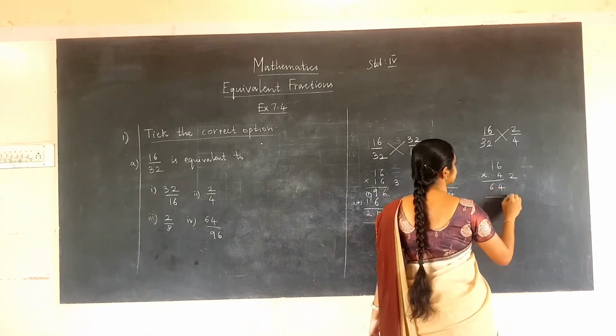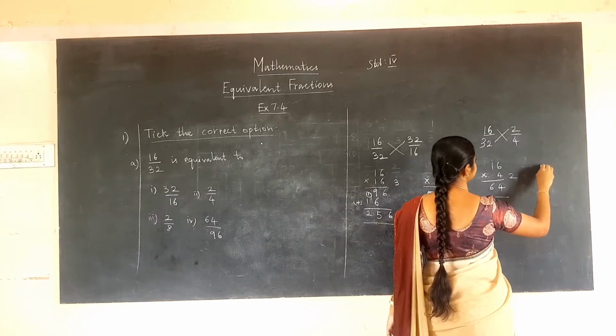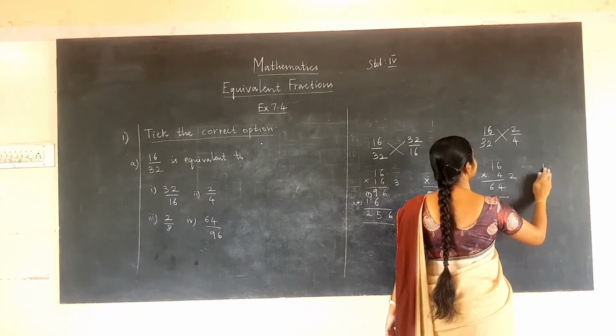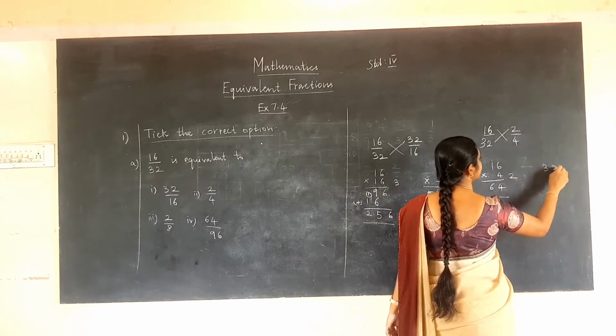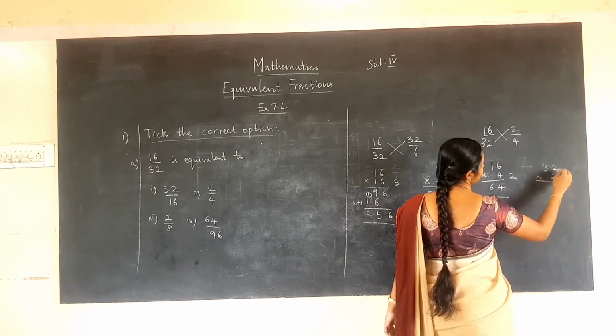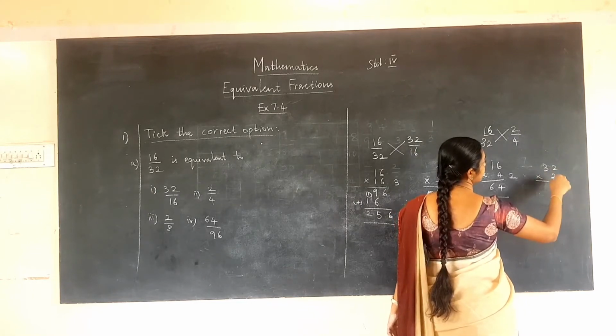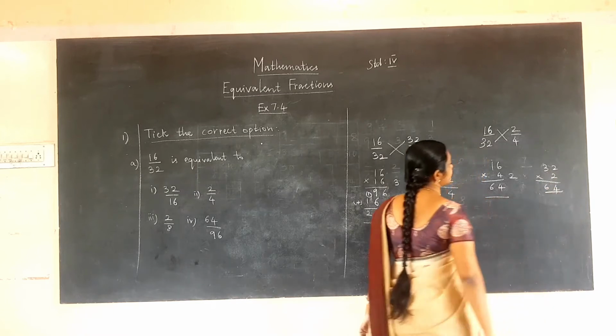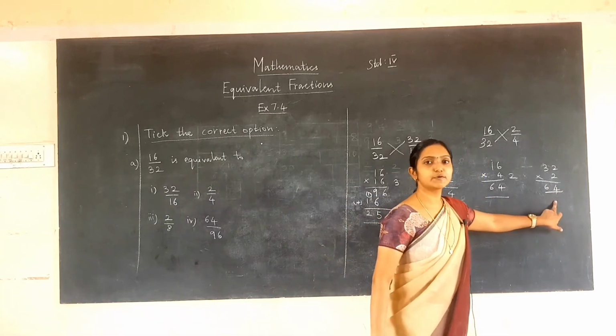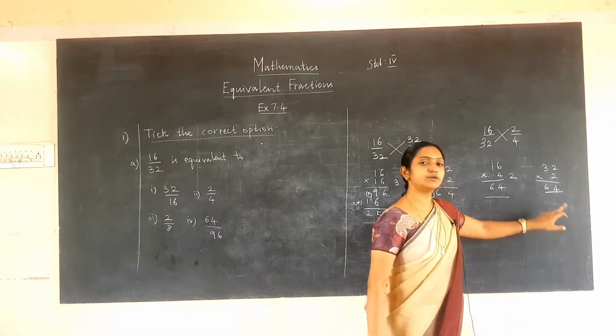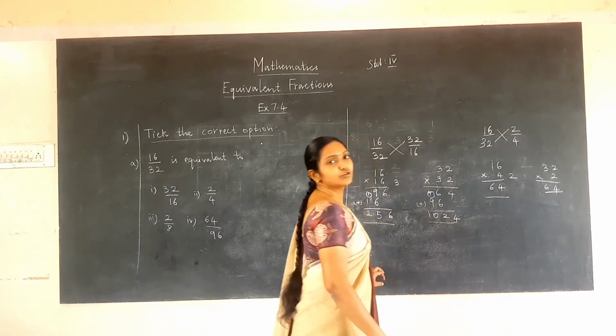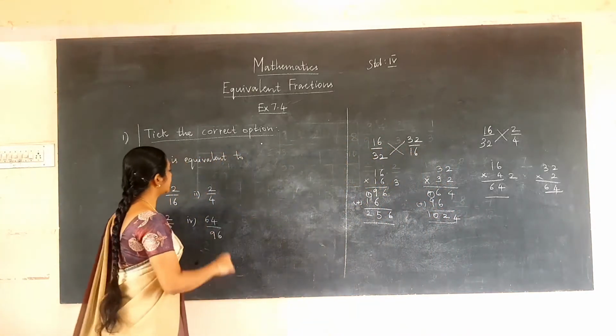So it is 64. Next, we have to multiply 32 and 2. 2 into 2 is 4. 3 into 2 is 6. You can see that both the cross products are equal. 64 is equal to 64. So 2 by 4 is an equivalent fraction.